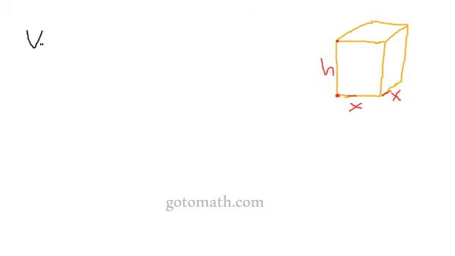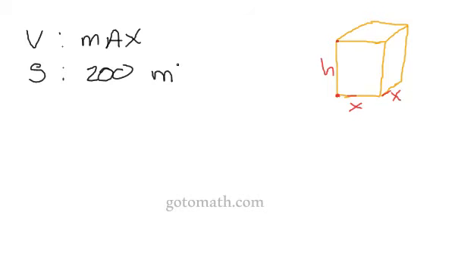We'll let V be the volume here, and we want to find the maximum volume. And one of our constraints is we only have, I believe it was 200 meters squared of surface area. So our surface area, which I'll just call S, is 200 square meters.